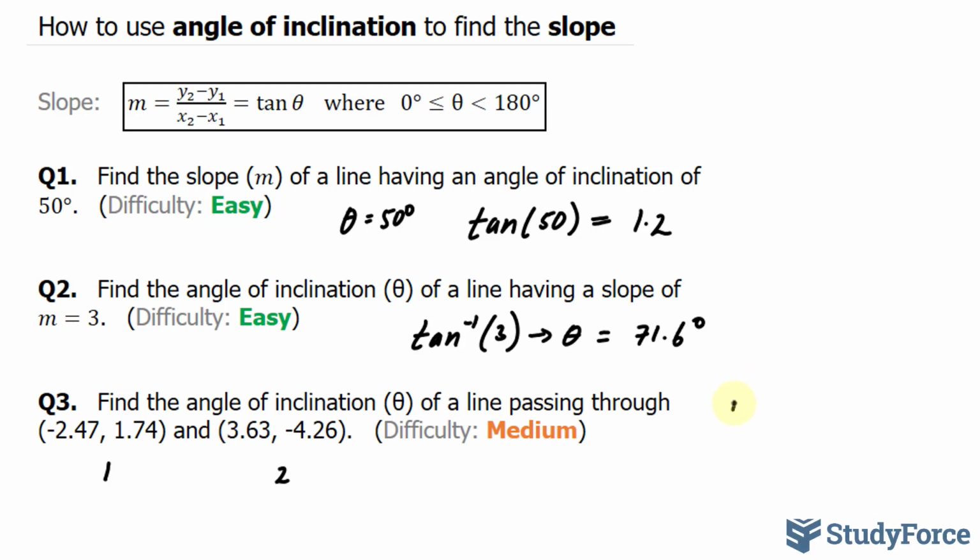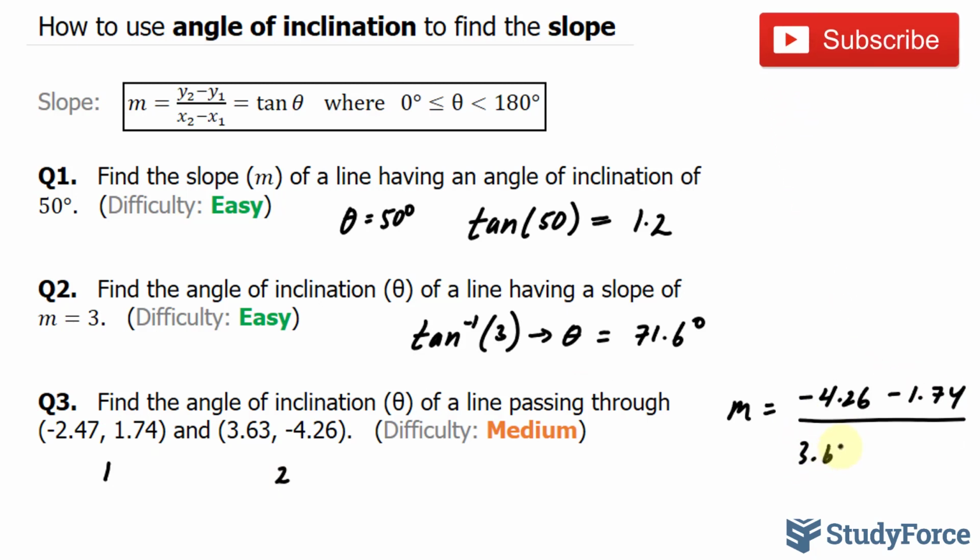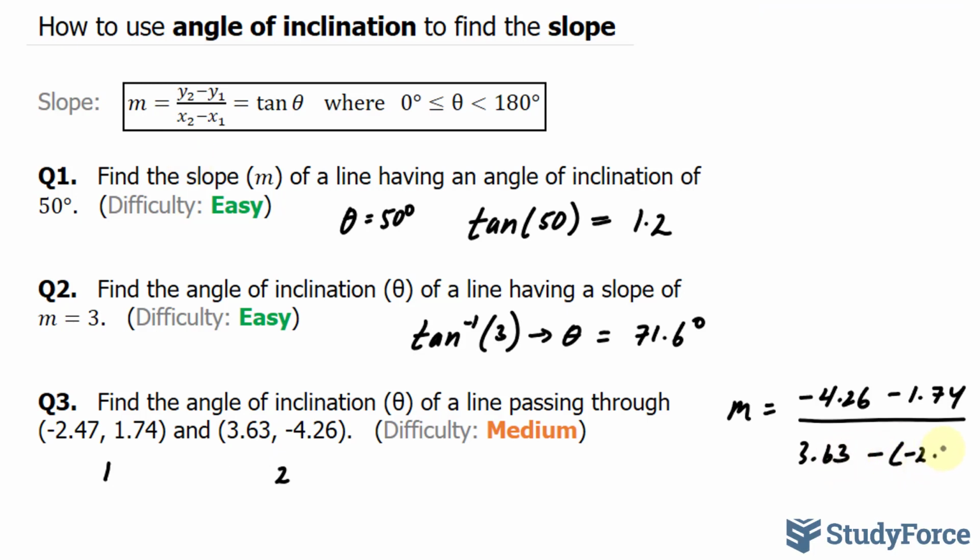That being said, my slope is equal to minus 4.26. Remember, this is y2 minus y1, 1.74, over 3.63 x2, look at this formula, minus x1, negative 2.47. So we have 2 negatives side by side that will become positive.